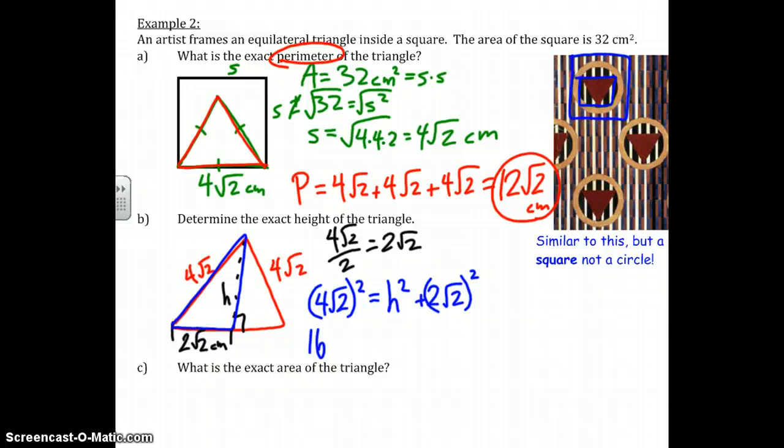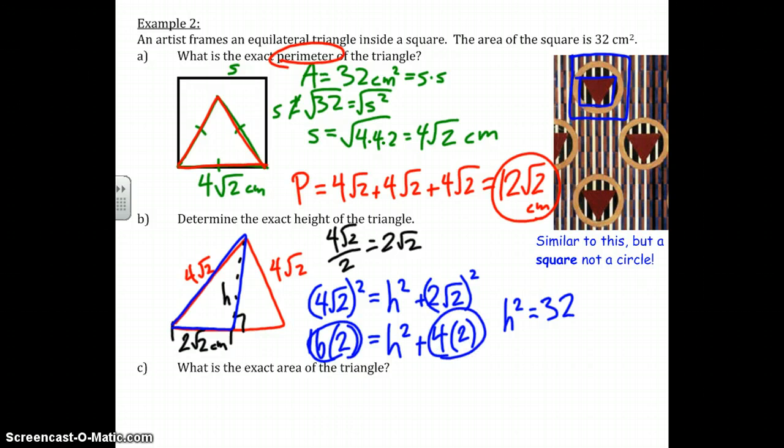When we square a square root, we just get the number, so 16 times 2 equals h squared plus 2 squared, which is 4, times square root of 2 squared, which is just 2. Working this out, h squared equals 32 take away 4 times 2, which is 8, so h squared equals 24.